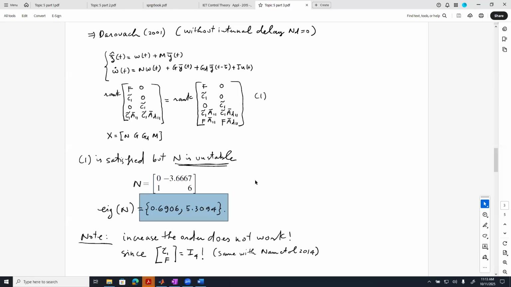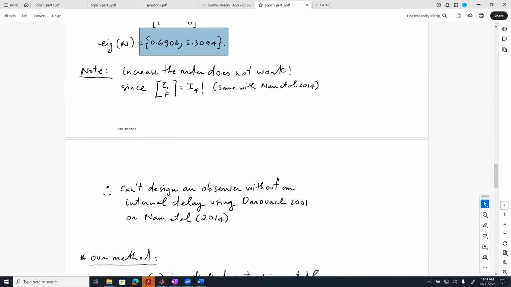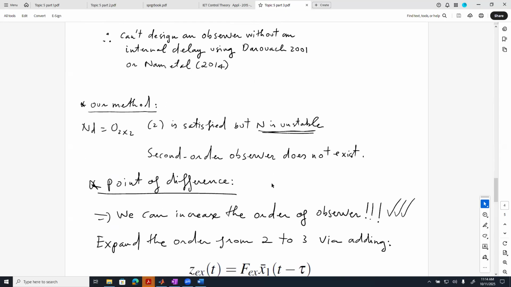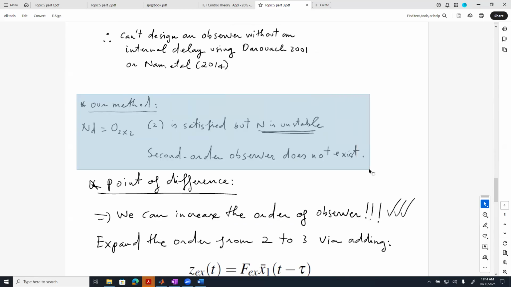If we are still insisting that an observer without internal delay should be the preferred one, this is basically where our approach and the generality of our generalized functional observer come in. Now again, if we just do the one second order observer using our method, we also suffer the same issue.